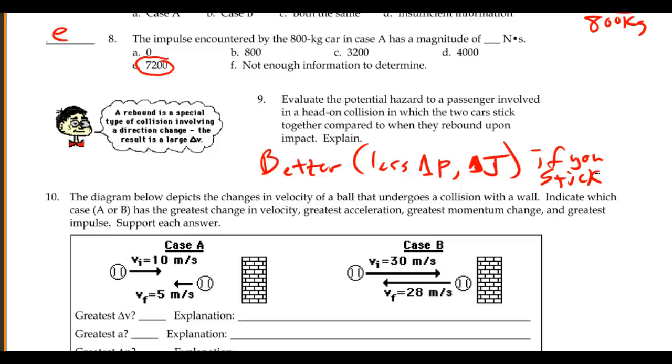So car design is very different than you might think. It's not great to have a battering ram that's going to slice through, and you're better off in a collision having something that causes you to stick to each other. So the metal fenders are made to crumple and to give, just like if you're trying to catch a ball, you want to give with your hands, you don't want to just hold them stiff.